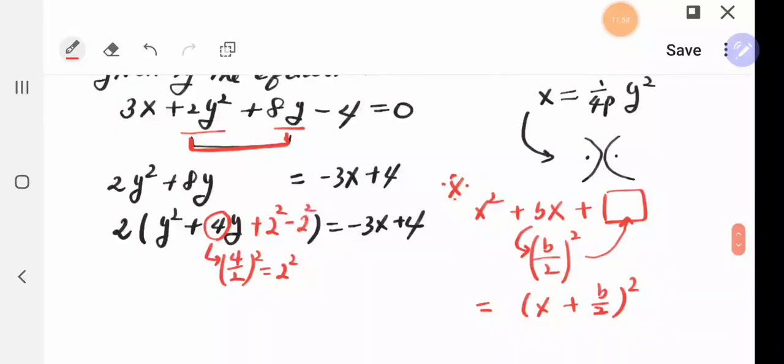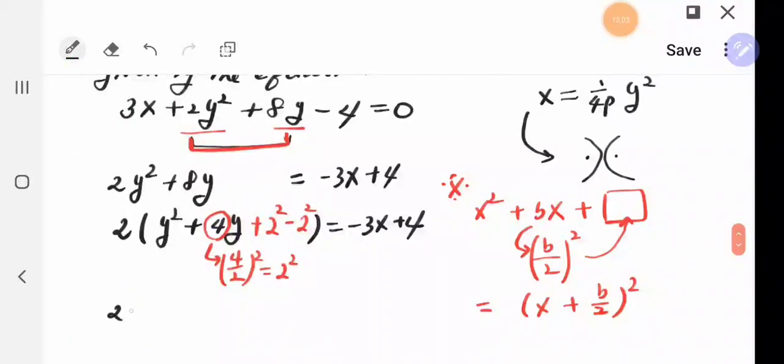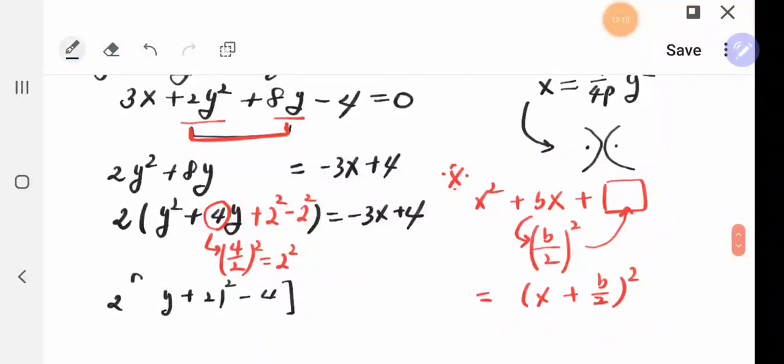Then rewrite the equation. The first three terms will be y plus 2 squared minus 4. Let's use a bracket: 2 times bracket, y plus 2 squared minus 4, is equal to negative 3x plus 4.